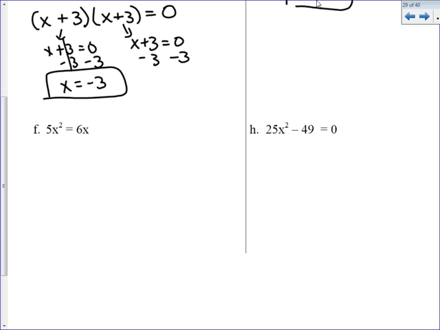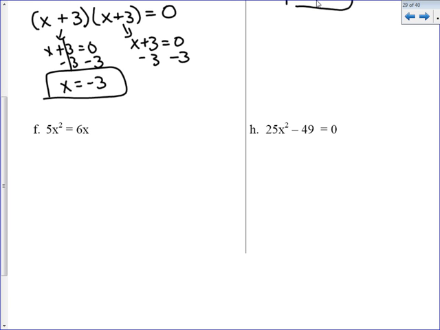All right, so 2 more, and then we will have time for our classwork today. So F, 5x squared equals 6x. This is another one that people look at and tend to kind of blank on what you need to do, because unlike our other problems, it doesn't have 3 terms. But it doesn't have to have 3 terms to be quadratic. What characteristic do our quadratics have?